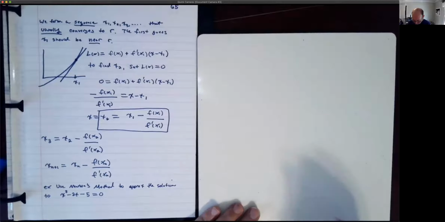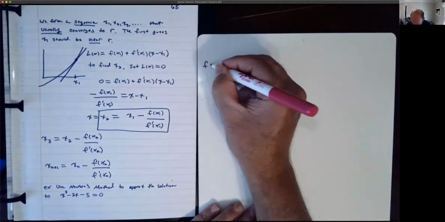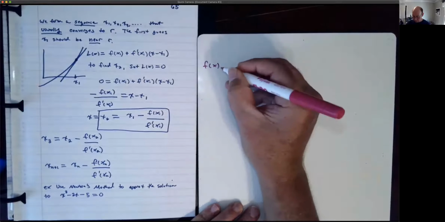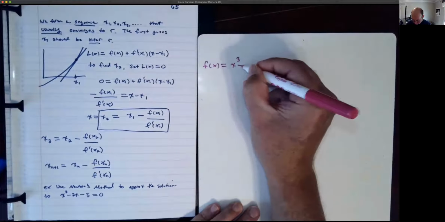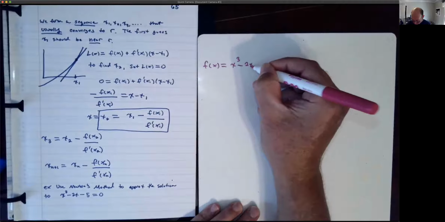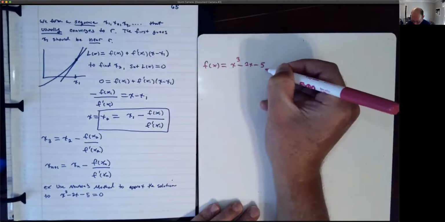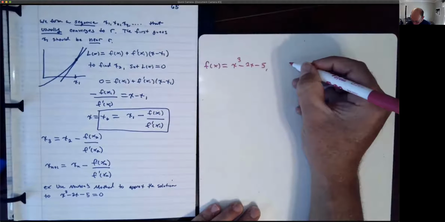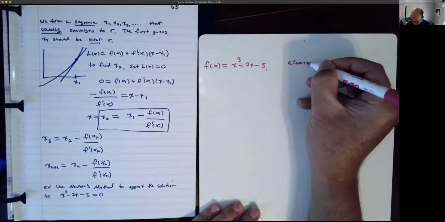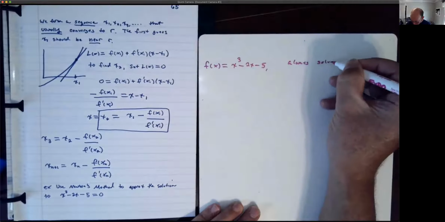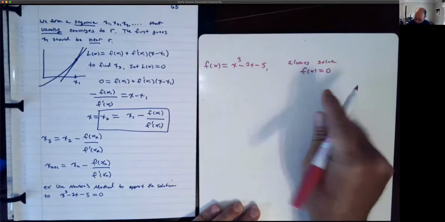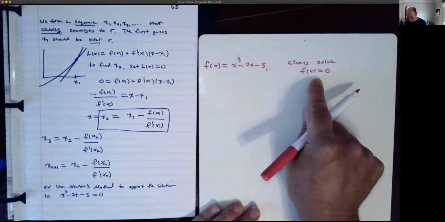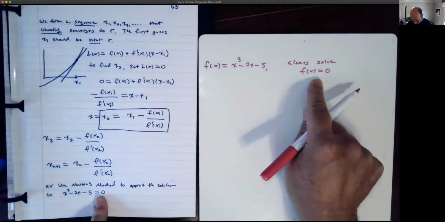Okay, so f of x is equal to x cubed minus 2x minus 5. Remember, we always solve equations of the form f of x equals 0. So we're assuming that this is the form of what we want to solve, and it is.